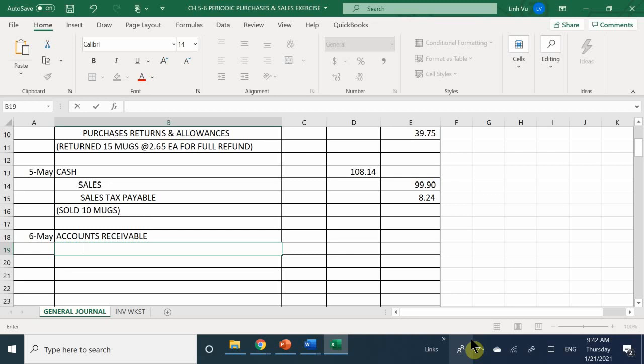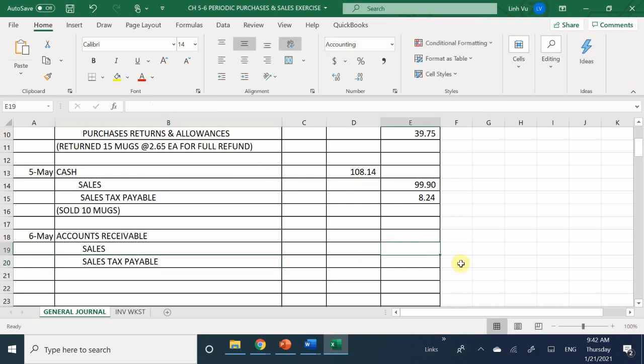Sales. Yes, we've actually sold something to this person. And what else? Yes, sales tax payable. So what was the total sales for the 20 mugs? $199.80. Okay. How much taxes on those mugs?